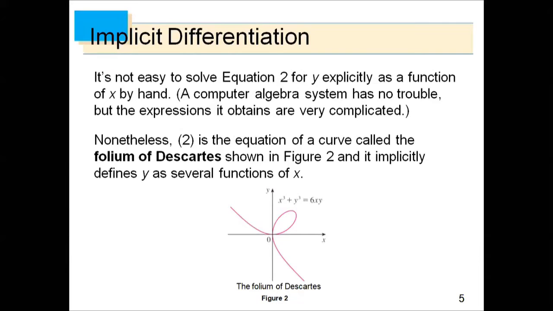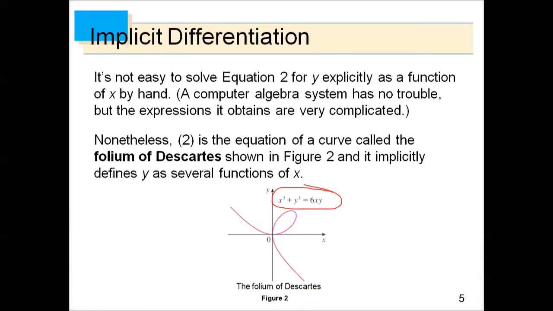The main thing is we need to understand the concept. Over here it says it is not easy to solve equation 2. Equation 2 is x cubed plus y cubed equals 6xy. It is not at all easy to get x on one side and y on another side.